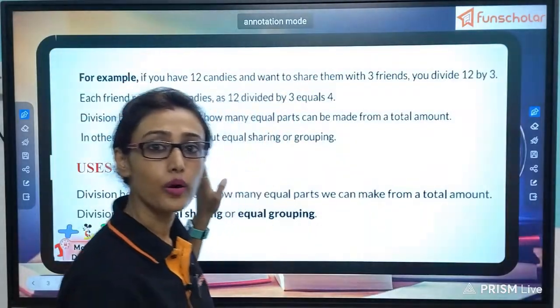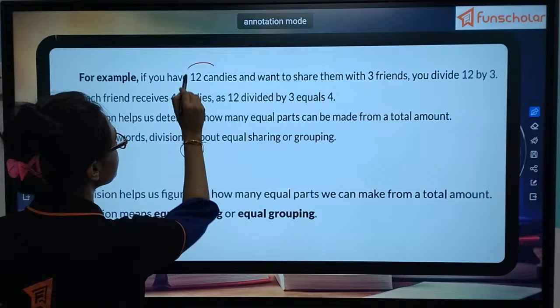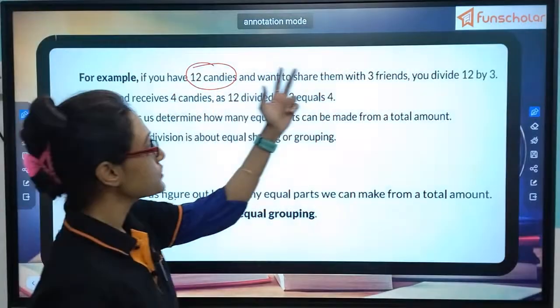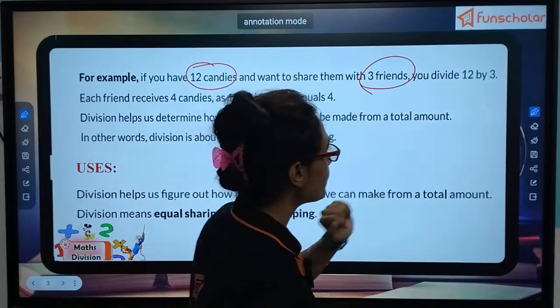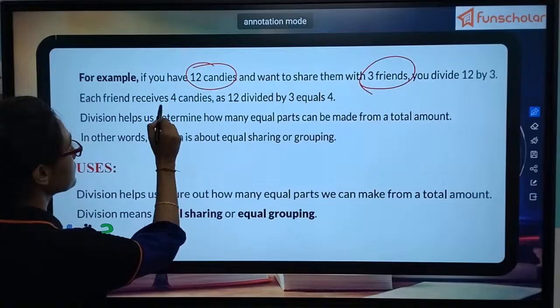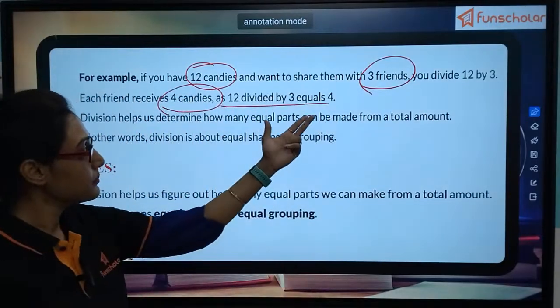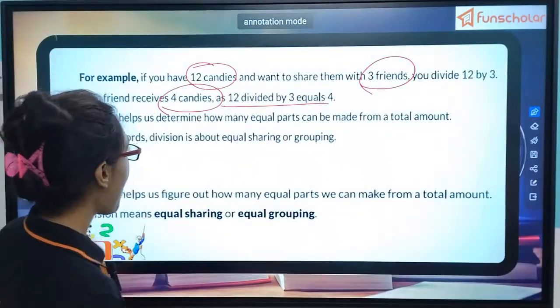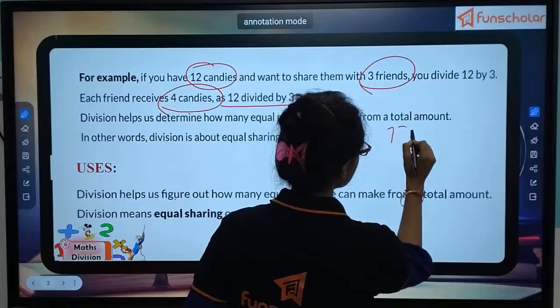Now let's read what is written over here. If you have 12 candies and want to share them among 3 friends, you will divide 12 by 3. So each of the friends will get 4 candies as 12 divided by 3 becomes equal. So how will you do this division? The number is 12.